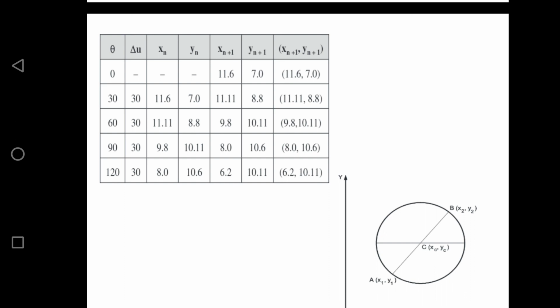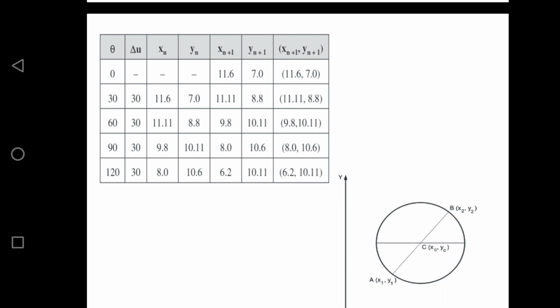Incrementing again to 90, I get 8 and 10.6. Incrementing one more 30 degrees gives the last value, 120 degrees. With 8 and 10.6 as my backward points, after calculation we get the coordinate points 6.2 and 10.11.